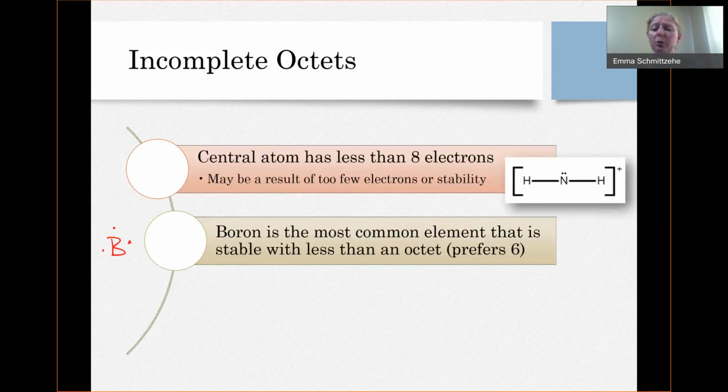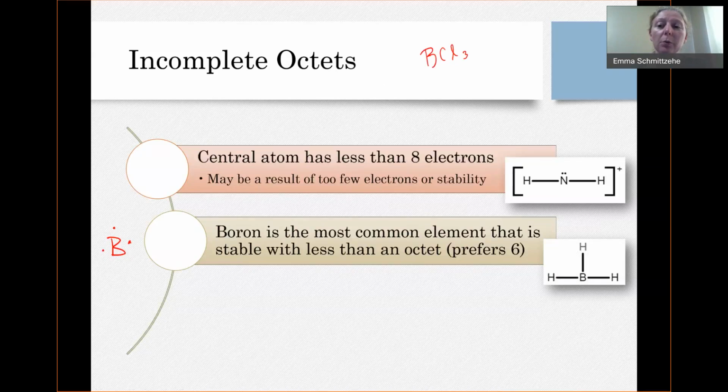One example I've got here is BH3, and that's stable for boron. In BH3, you actually only have 6 total electrons anyway, so you're forced to have that. But you have similar boron structures where the same thing would happen, say BCl3.